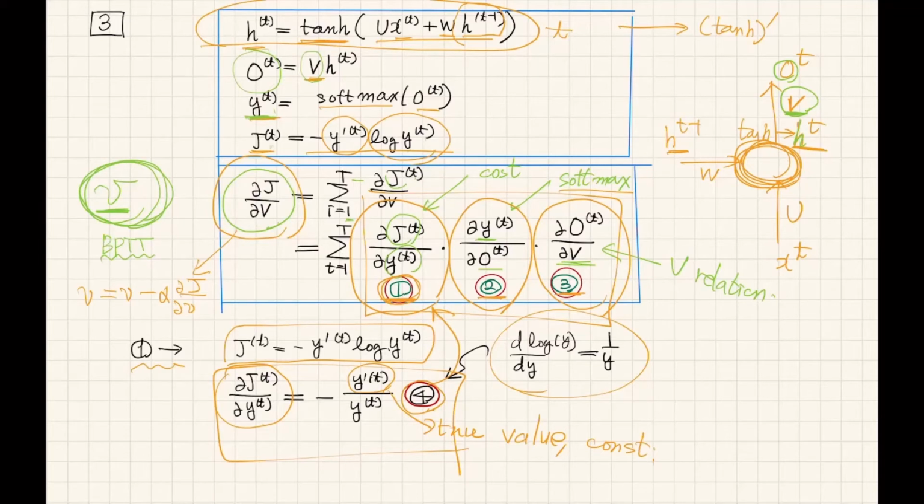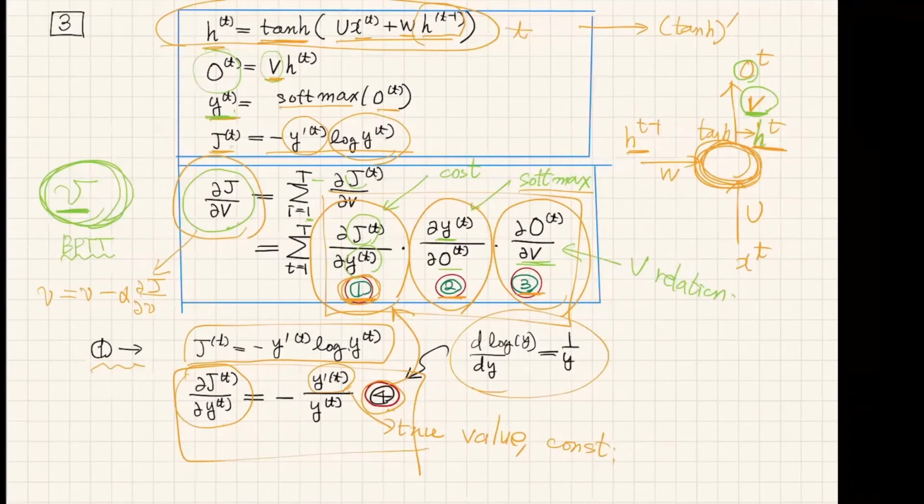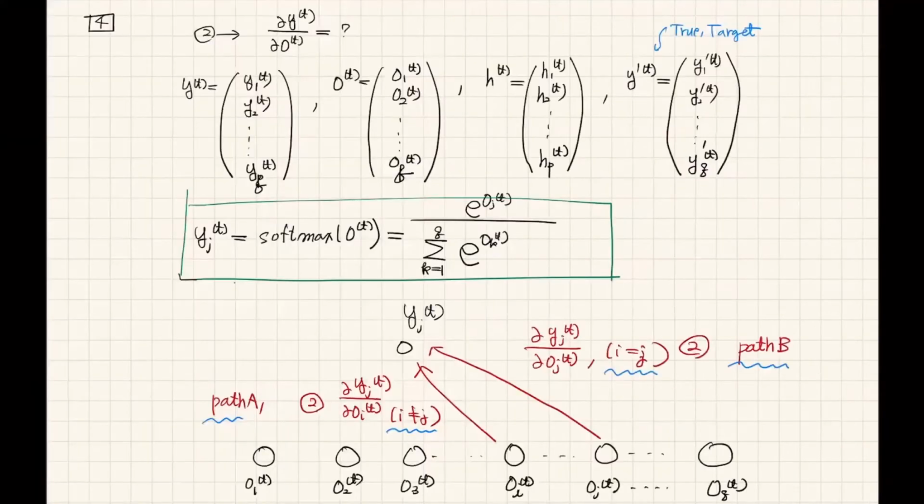Now, the second task is that we have to derive equation number two. Let's do that. You remember that the output is computed from, let's assume that you have an output vector O_1, O_2, up to O_Q, and from that we have to calculate y_j.